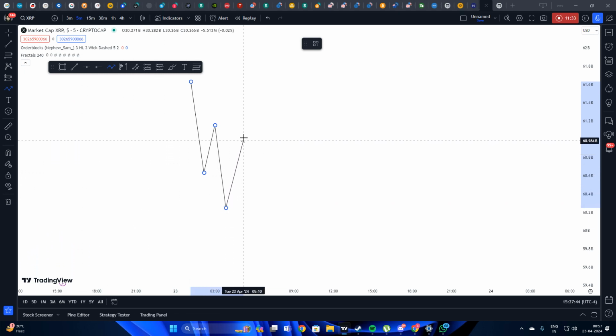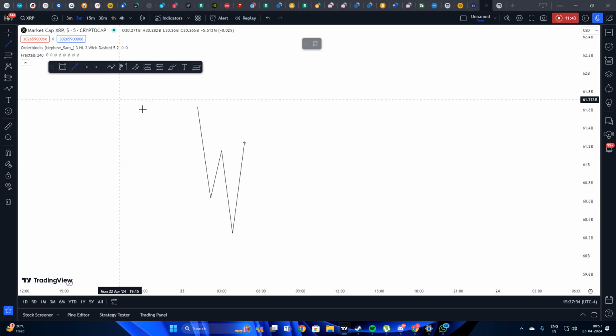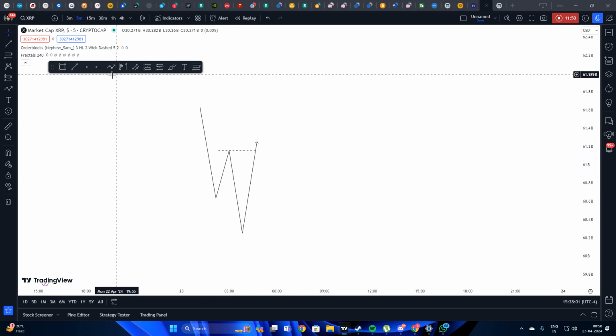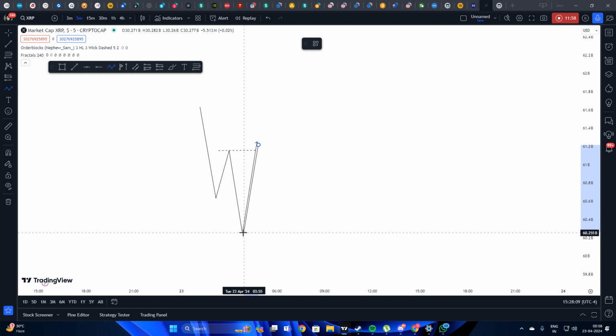The market just takes support and goes up, and it makes a high. It breaks the high and takes out liquidity from here. It just goes down and takes out the liquidity below this.